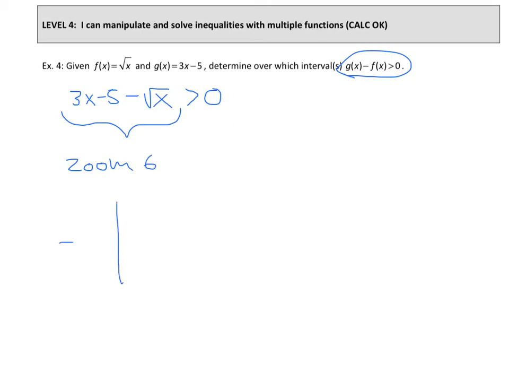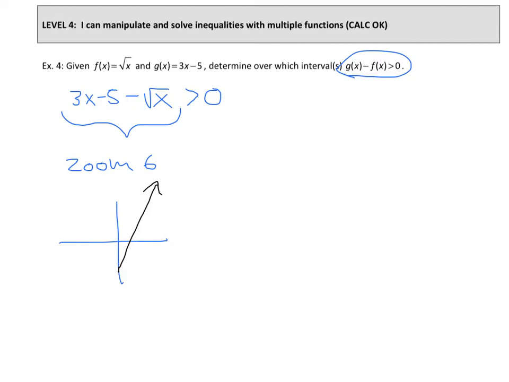If you look at the graph, the function looks something like this. And it keeps going up in this direction. And what we're trying to figure out is when is this function greater than 0?